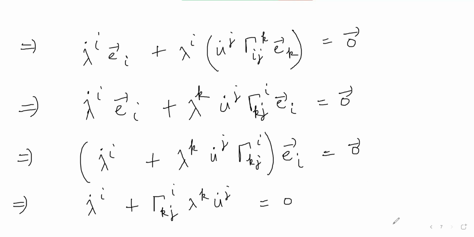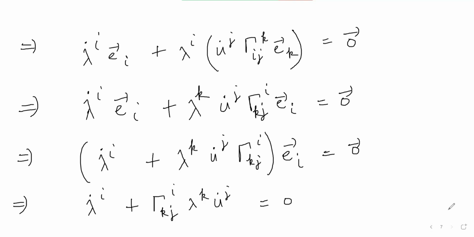To finalize this, we're just going to remember what lambda k is. Lambda k can of course be expressed as the derivative of the position vector, and we've stated this before, that the tangent vector lambda is equal to r dot.